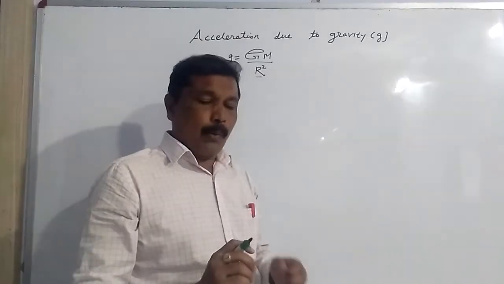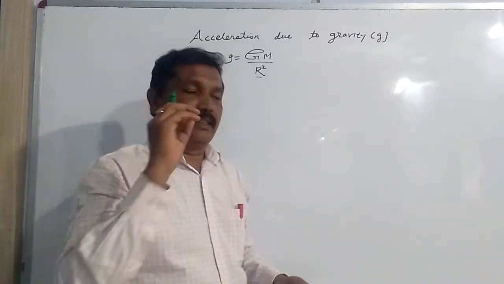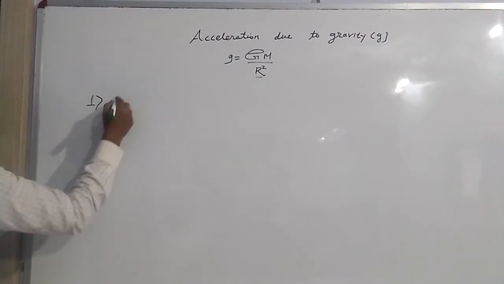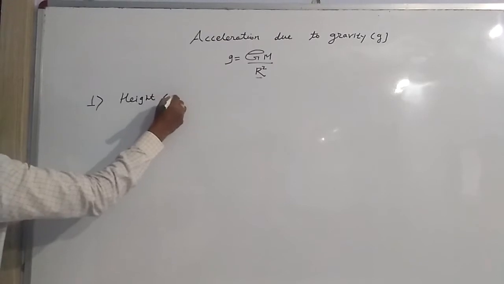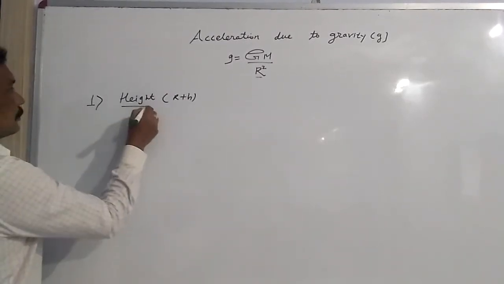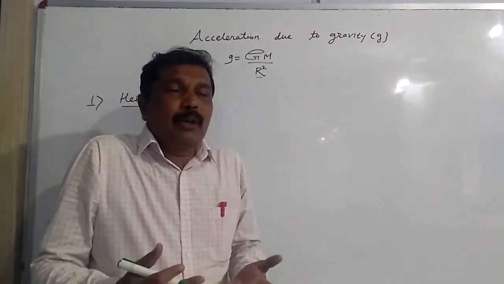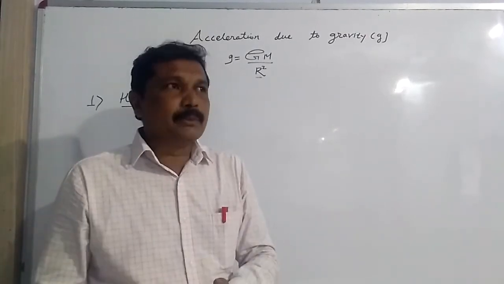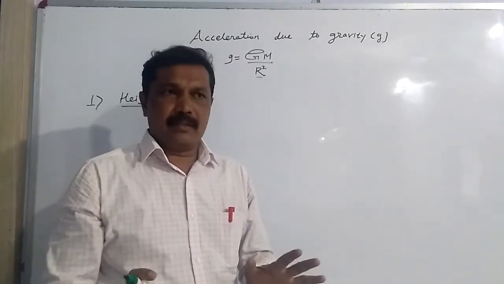The first factor upon which acceleration due to gravity depends is height. What will happen to the value of acceleration due to gravity if we take the object above the earth's surface to a particular height?